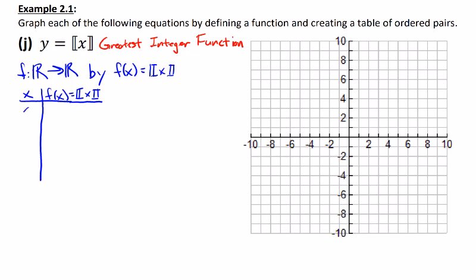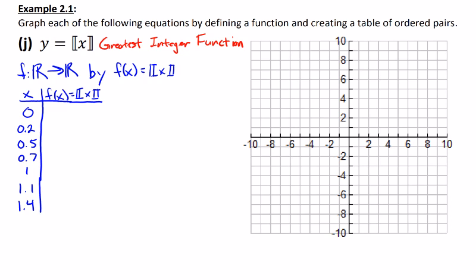I'm going to select 0, 0.2, 0.5, 0.7, let's say 1, 1.1, and how about 1.4? And we'll start with these. If we need to add more, we always can.